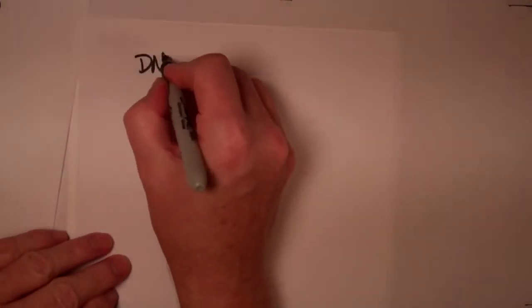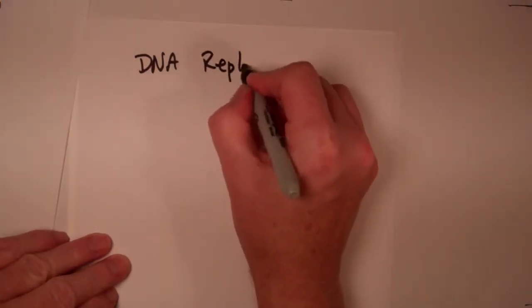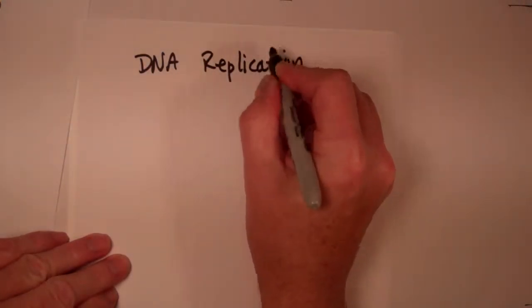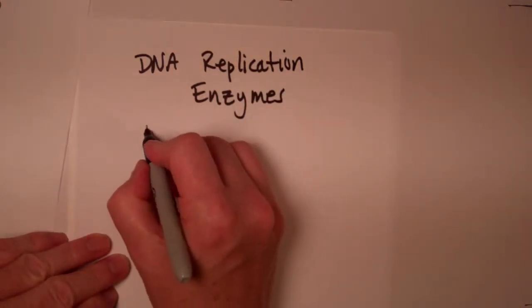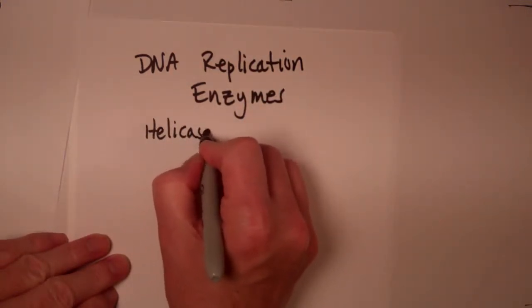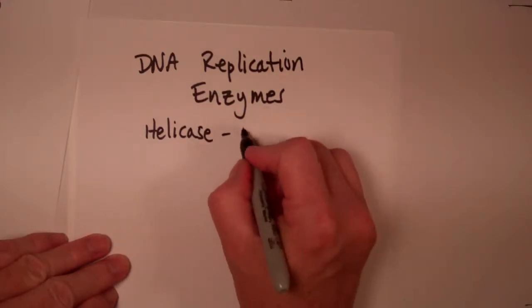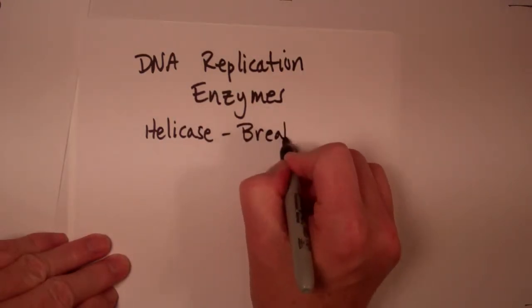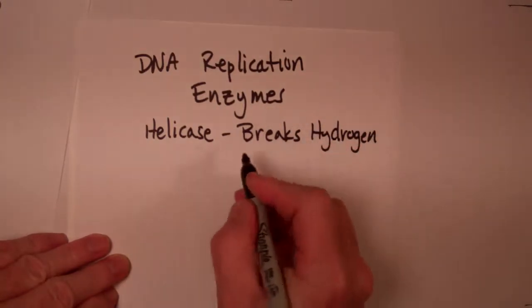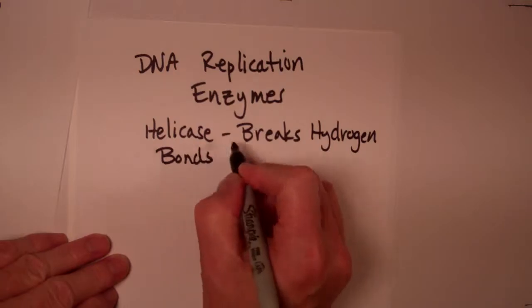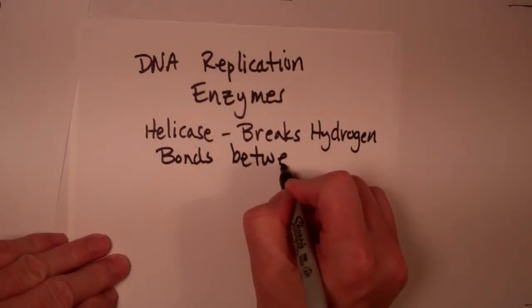So let me flip over to a blank piece of paper so that we can keep track of the enzymes. So this is going to be DNA replication enzymes. And our first one is Helicase, that you have to know. And what does it do? It breaks the hydrogen bonds between the bases.